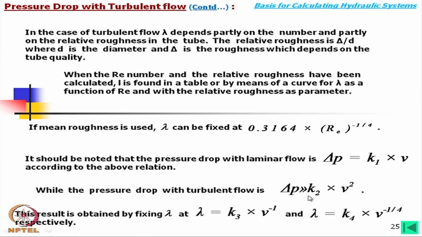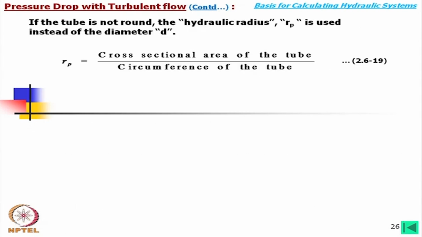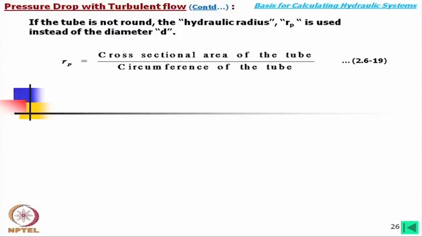And thus the result is obtained by fixing lambda as K3 times V to the power minus 1, and lambda equal to K4 into velocity to the power minus 1 by 4, respectively for the laminar and turbulent flow, etc. So I am showing these formulas, they are only useful, we have not derived them.